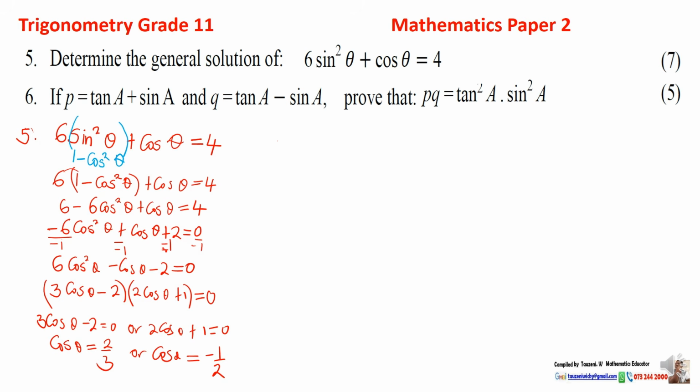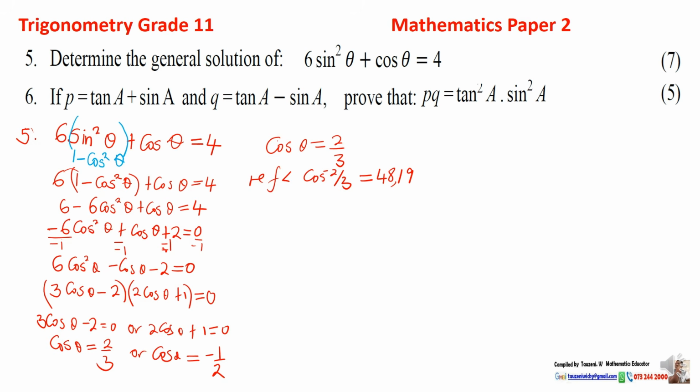So let's start with cos of theta is equal to 2 over 3. You need to find the reference angle. So the reference angle, you use a calculator for that one. In our case here, the reference angle is equal to 48.19. Now, then you read your answers.